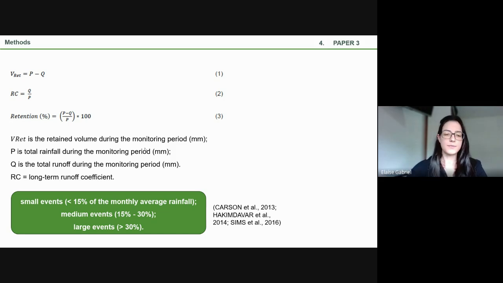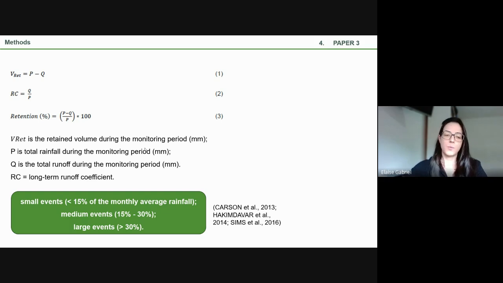Similar to previous studies, the evaluation of the green roof retention performance was based on the size of the rain event: small, medium, and large events. However, when we are comparing two locations with such a significant discrepancy, the annual precipitation between the two locations is very different.